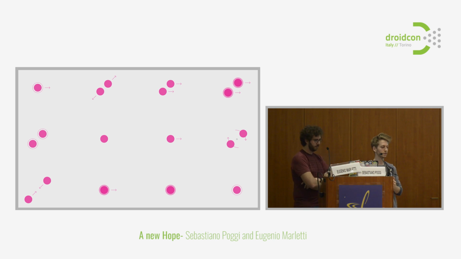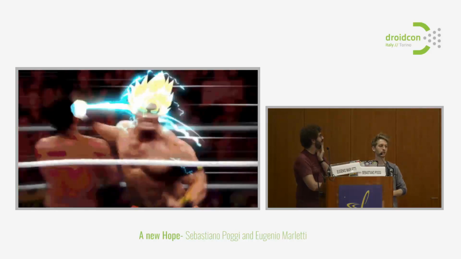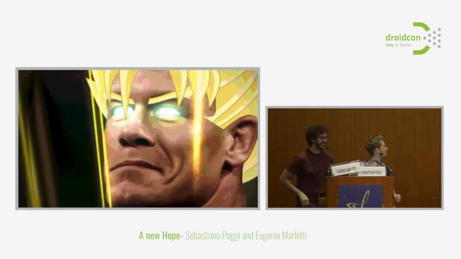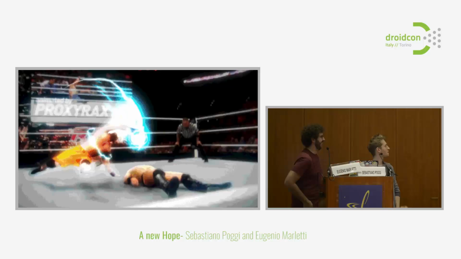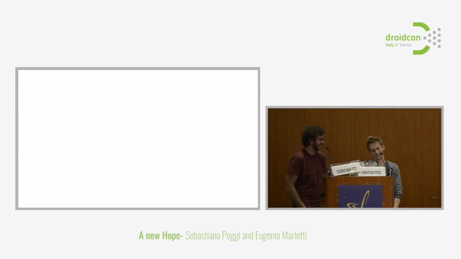So if you write a library with new gestures and someone else does the same, they can work together to find who wins. And fun fact, this place where all the gestures interact with each other to understand who wins is called the gesture arena. May the best one win. Yeah, I love it.